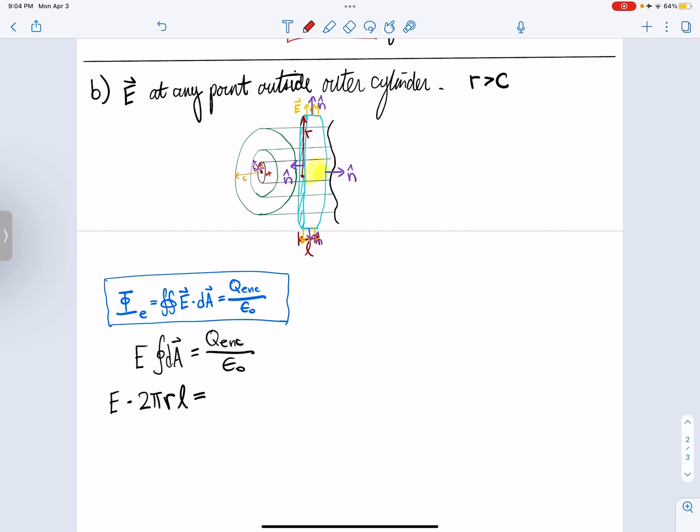So I'll call that positive charge density lambda.